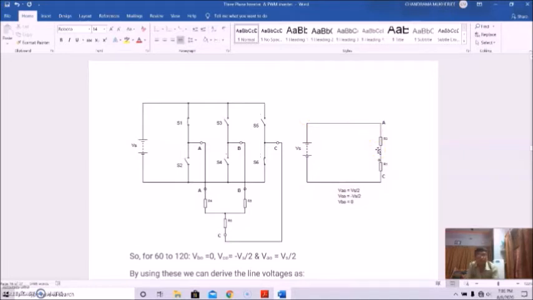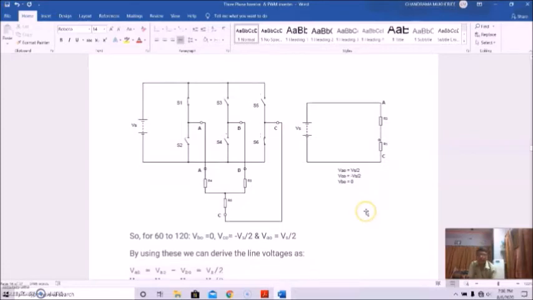So for 60 to 120 degree, VBO equal to 0, VAO equal to Vs by 2, and VCO equal to minus Vs by 2.